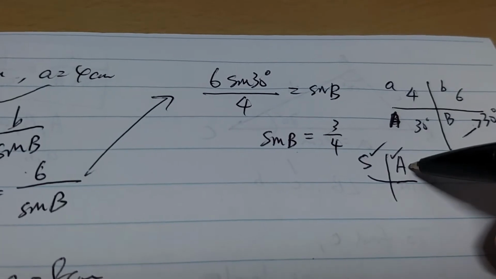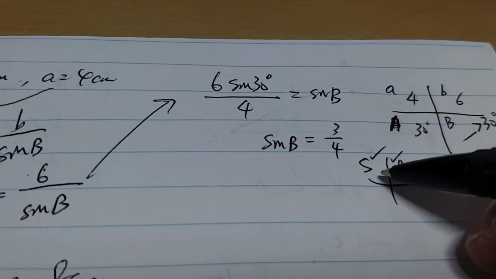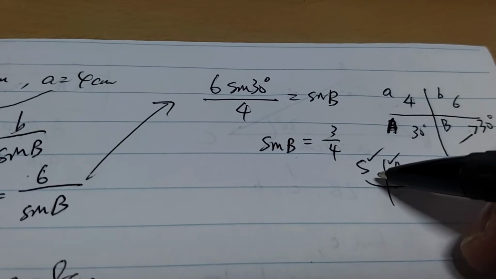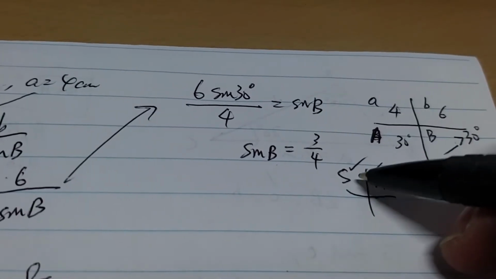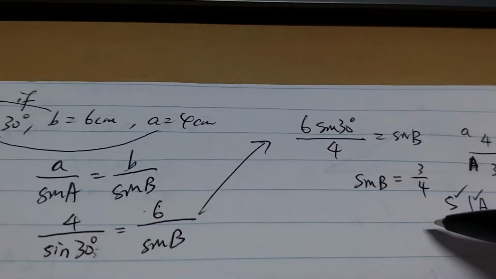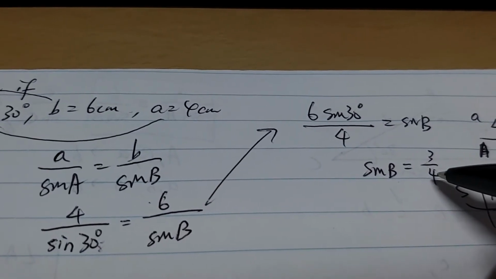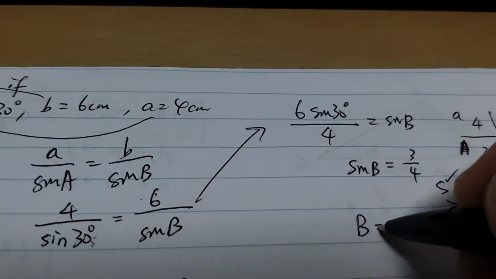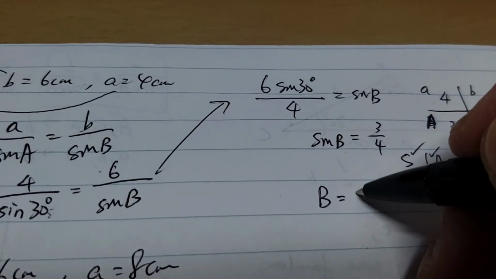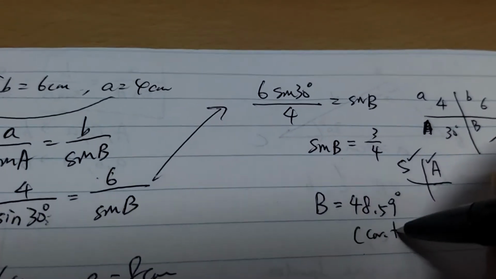So if it is greater than 30 degrees, we accept it. The obtuse angle, of course, we accept because it must be greater than 30 degrees. The acute one we need to check. By using the calculator, shift sine 0.75, the first result, in quadrant 1, all positive, B is 48.59, correct to 2 dp.